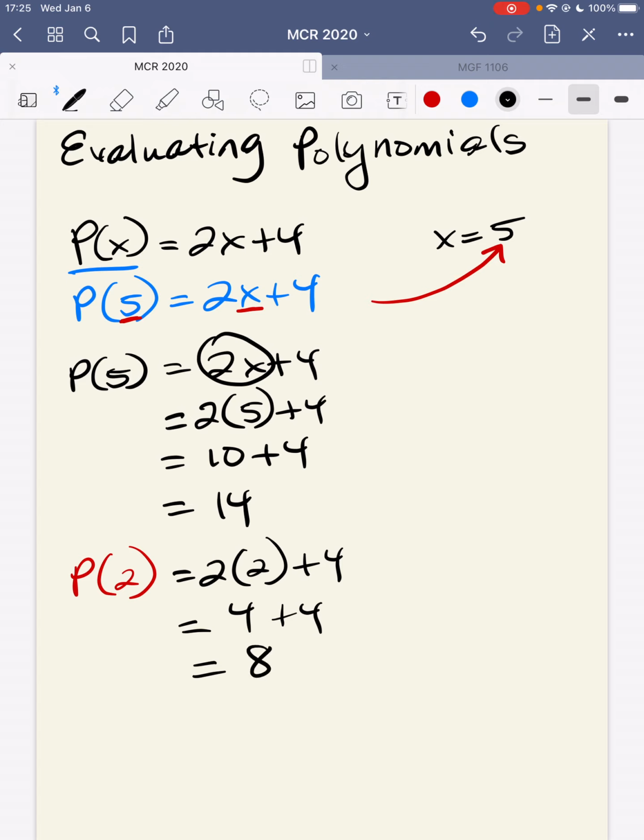So depending upon the value I assign for the variable, will determine the output or the evaluation value I get from this. We're going to look at a couple more examples here. We have done this before with expressions, so this is not anything new.